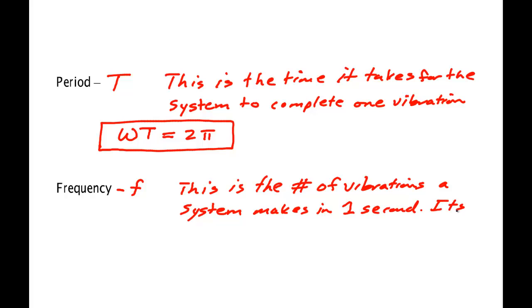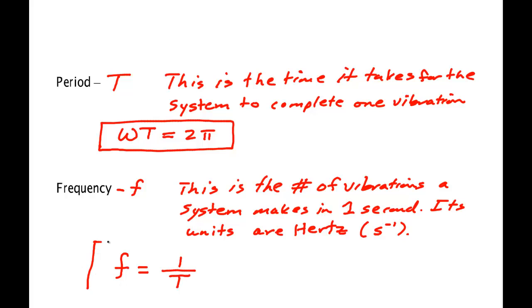Its units are hertz, named after Heinrich Hertz. Now, hertz is an inverse second. Key thing about this is that the frequency is equal to 1 over the period. This is really the definition of the frequency.